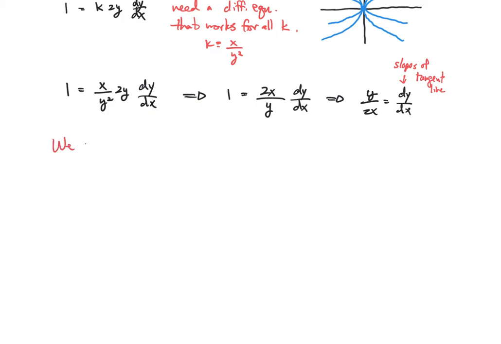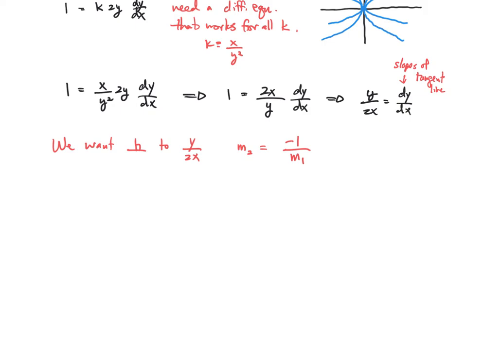So we want something orthogonal to y over 2x. Remember that if we write our slope m2 and you want that to be orthogonal to the first line m1, it's negative 1 over m1. So m2 will be the slope of the line that's orthogonal to m1.